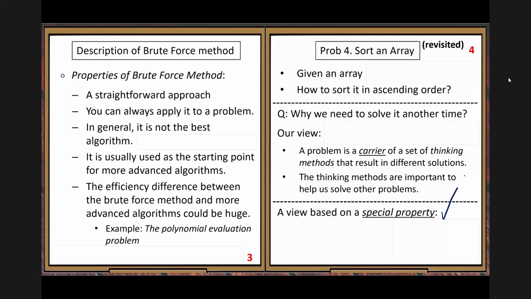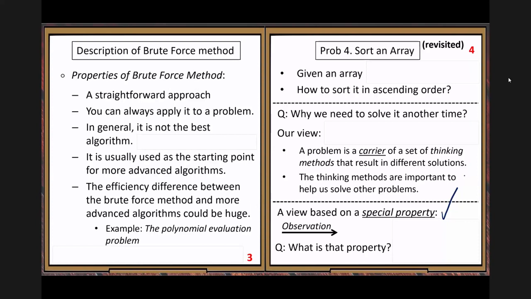So let's work on this line. Observation. Let's view our current sorting problem another time, but you need to observe this problem closely, and try to find a new, useful property. What is that property?